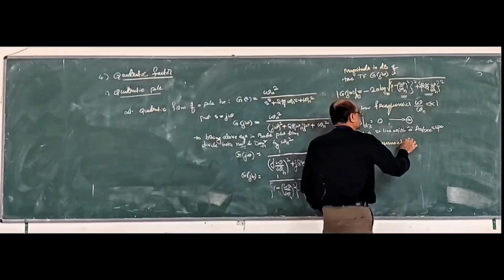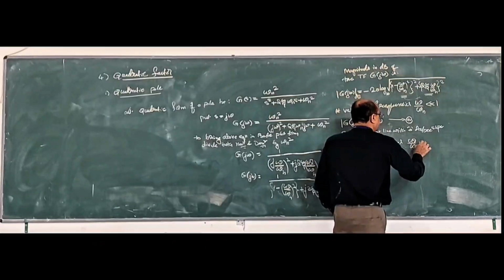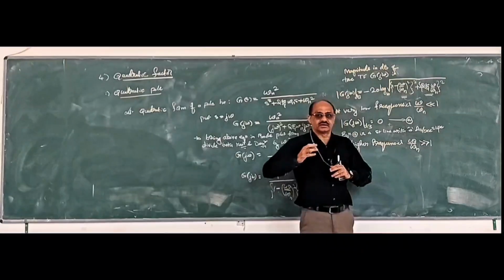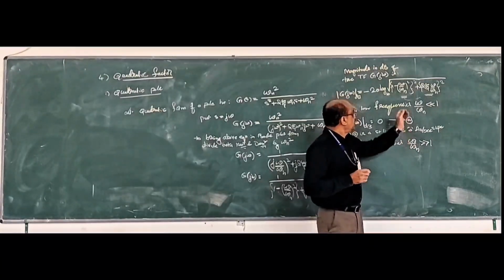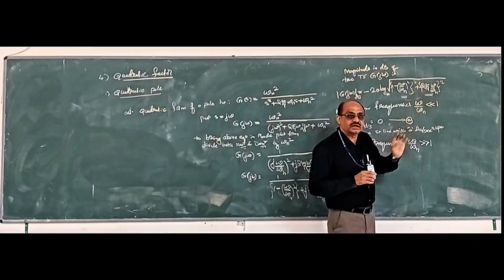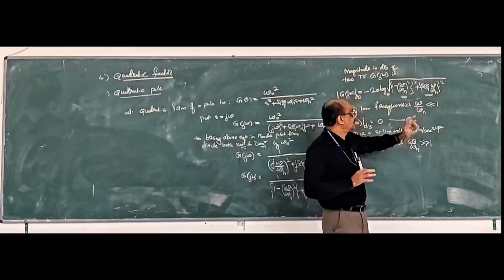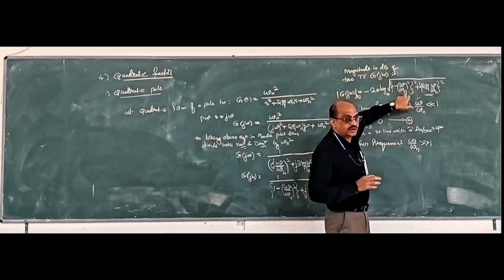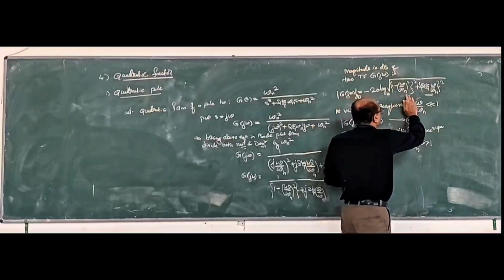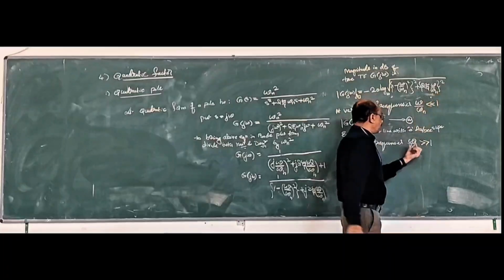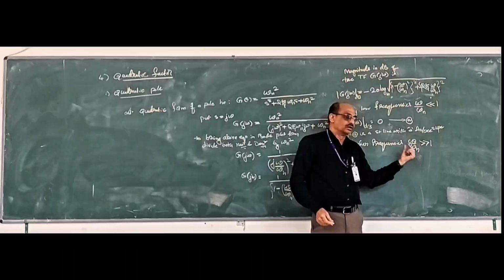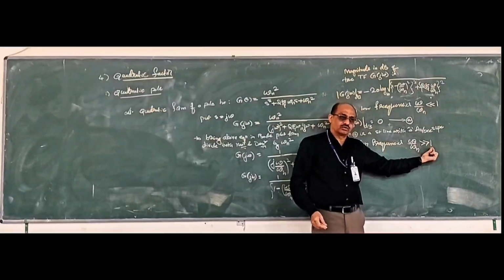At higher frequencies, omega by omega n is far greater than 1. It is telling you that this 1 is negligible, and also the (omega by omega n) whole square term is negligible compared to (omega by omega n) to the power of 4. So these two terms are totally negligible when omega by omega n is far greater than 1, or simply omega is far greater than omega n.